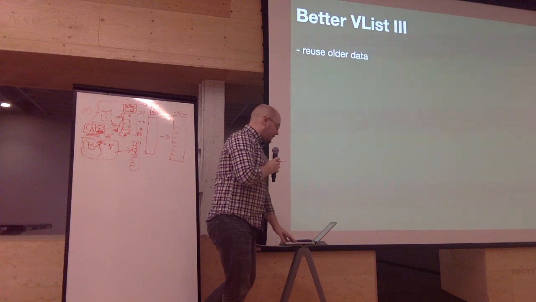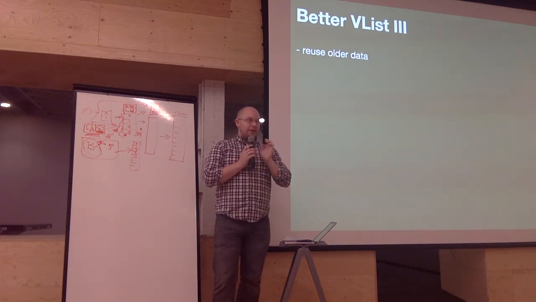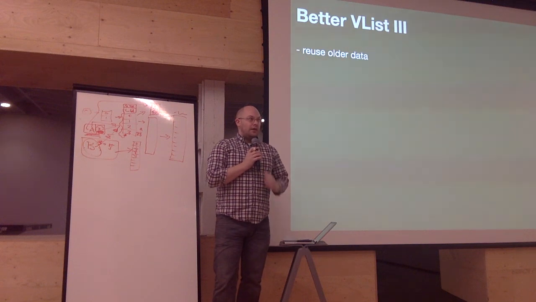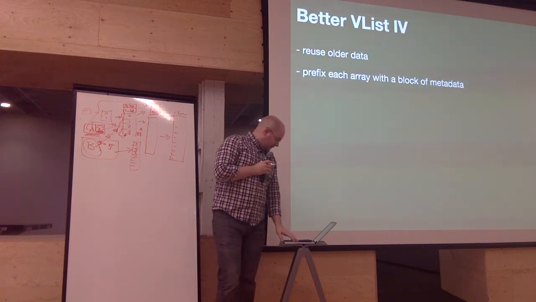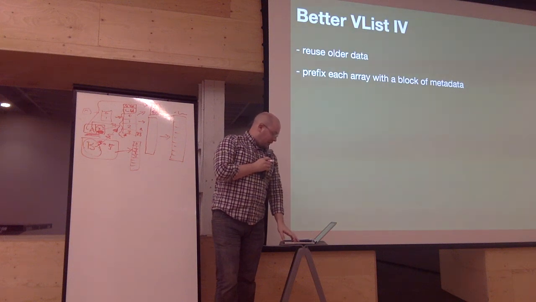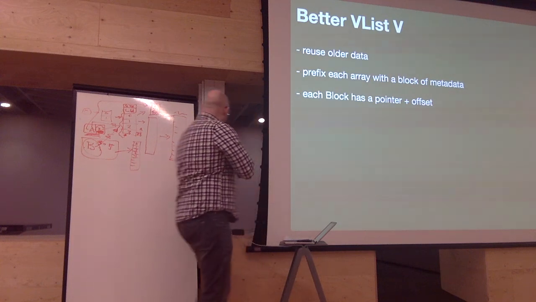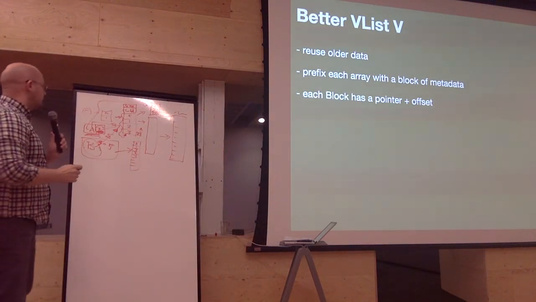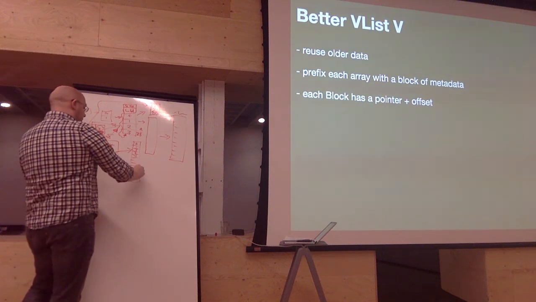So we can do better than this, right? We can reuse old data instead of having to copy every time. And we have almost everything that we need to do that. We've already got our block of metadata on there. All we need to do is, in addition to size and last used, when we make our metadata block, I'm going to put it at the tail instead of the top now.